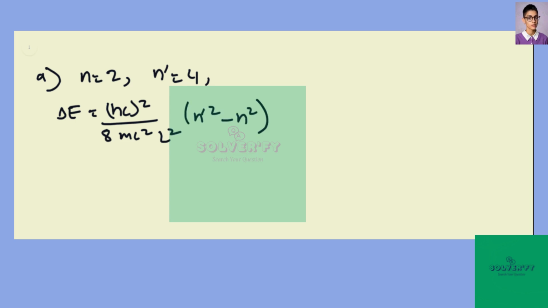Then we substitute the values for n' and n, which are 4 and 2. And we substitute the values for h and c, which is 1240 electron volt nanometer squared, divided by 8 times the rest mass energy of the electron, which is 0.511 times 10 to the power 6 electron volt, times 0.250 nanometer squared, which is the L value.